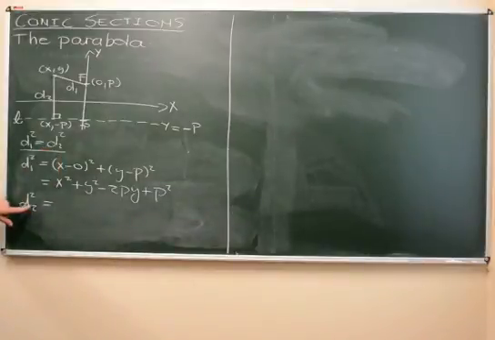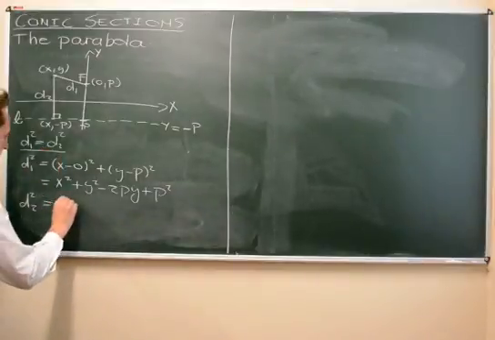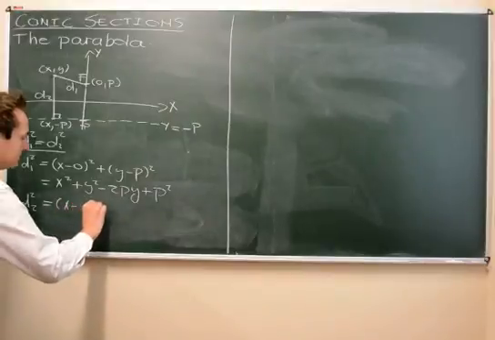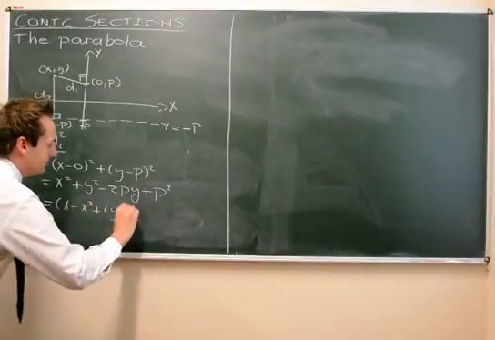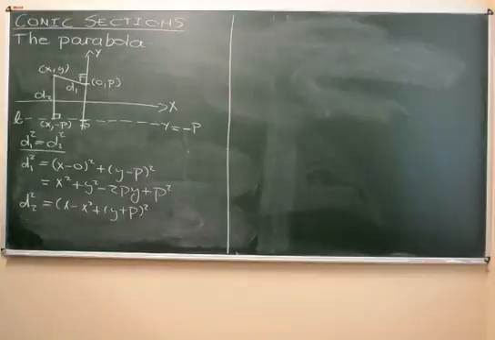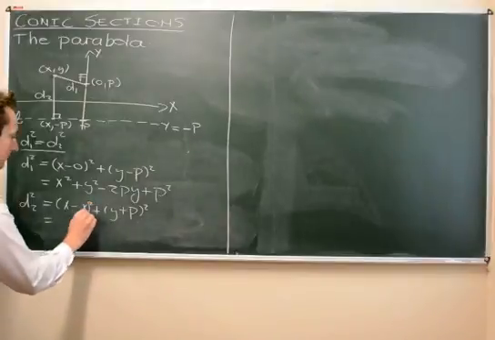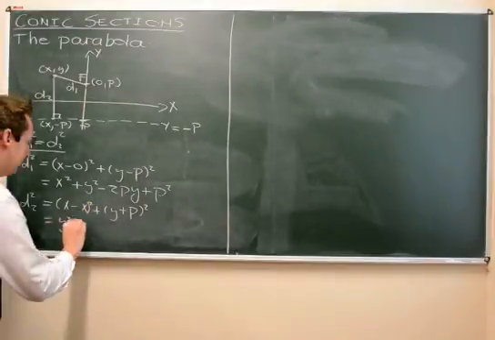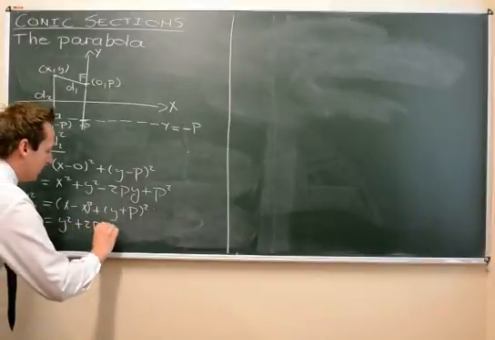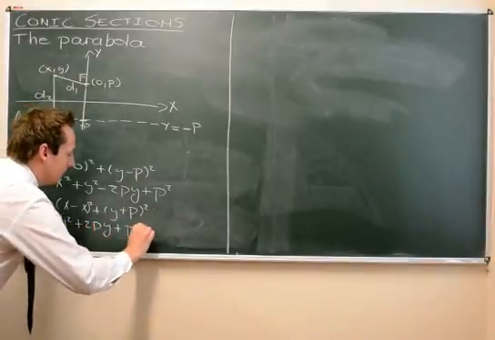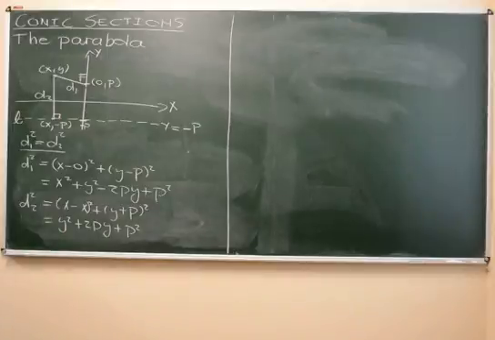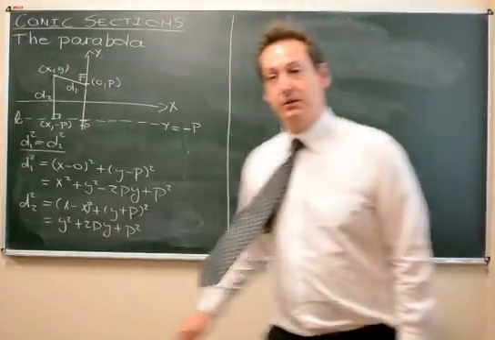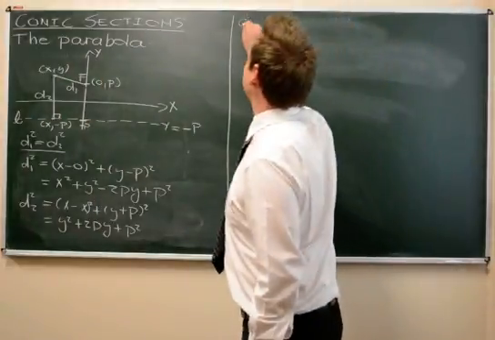So this D2 squared is going to be (x minus x) squared plus (y plus p) squared, and working that out, that gives you y squared plus 2py plus p squared.